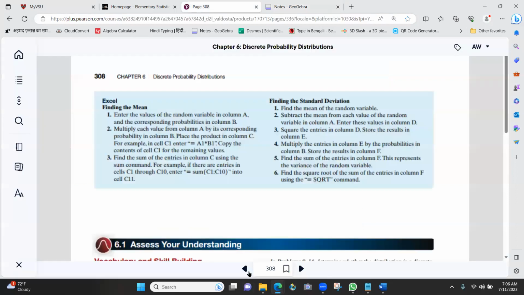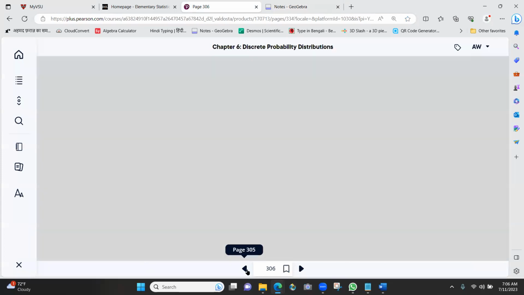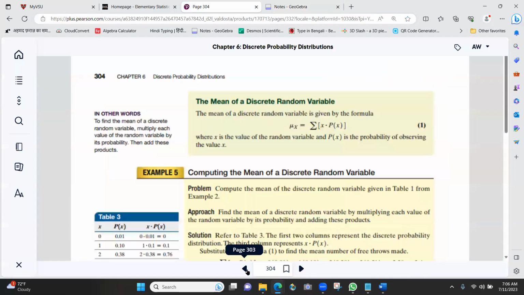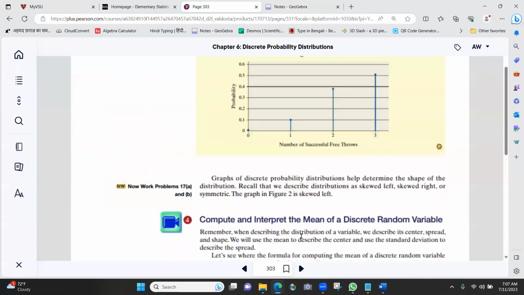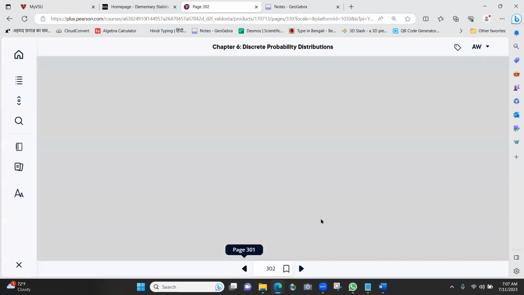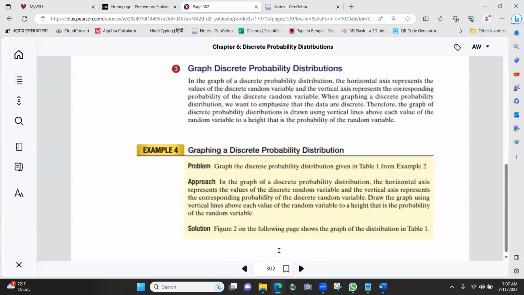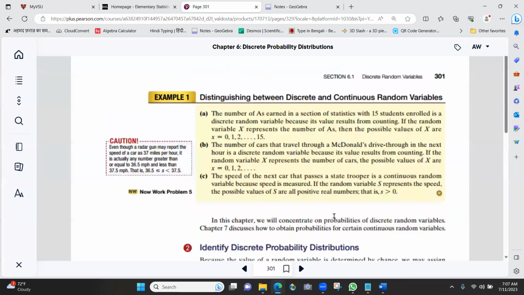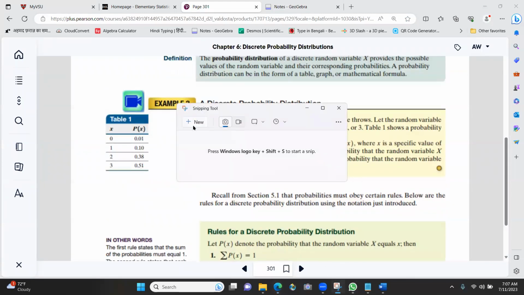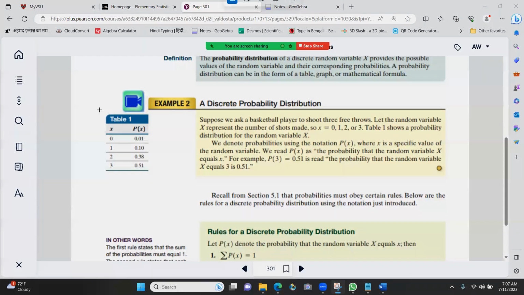Why not? Give me 1 second, guys. I'll do a couple of problems for you on Excel. This is your table 1. Let's see what they're doing.